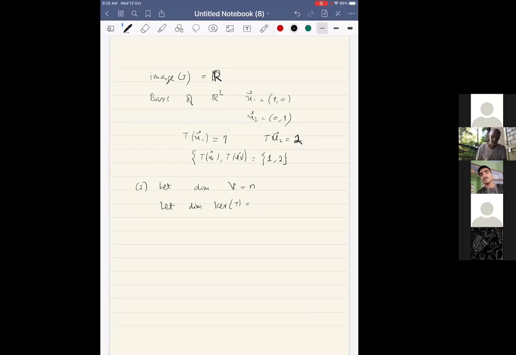So L is less than or equal to n, right? Because the kernel of T is a subspace of V, so it has a dimension which is at most the dimension of V. So this we know.